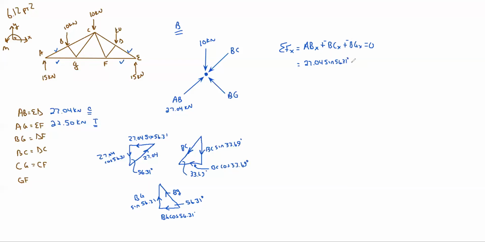BCX is negative BC cosine 33.69. And BGX is negative BG cosine 56.31 degrees.